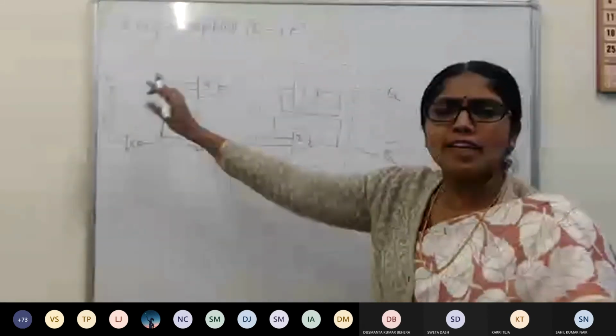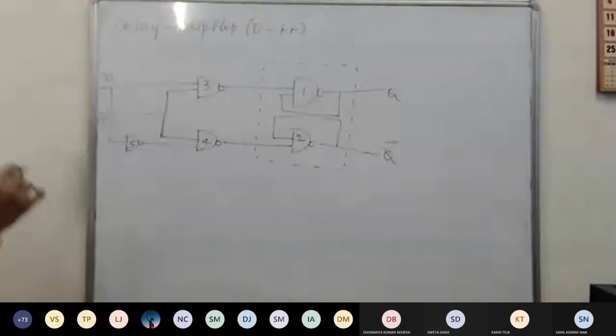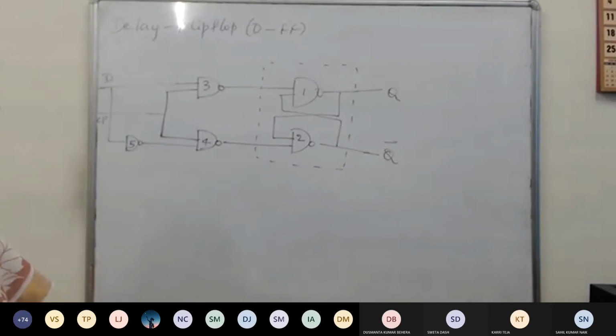Now, how many inputs are there here? Please tell me how many inputs are there. Why are you silent? Yes, only one, right? Whereas in your previous flip-flop, there were 2. Yes, S and R, ma'am. Whereas here we have only one input.